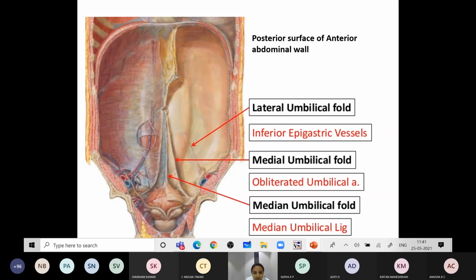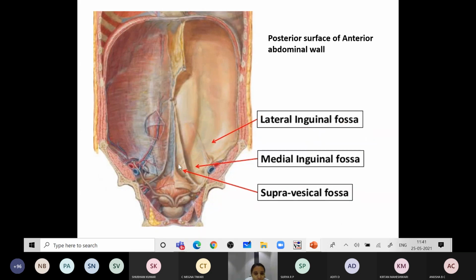And the space between the median umbilical ligament and the medial umbilical fold is called the supravesical fossa. Supra is above, vesical is bladder. This is the fossa present above the bladder, the supravesical fossa.